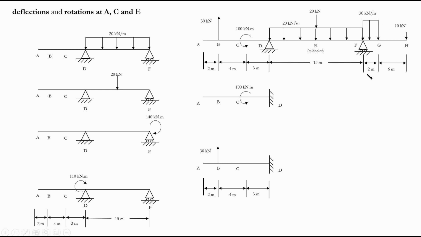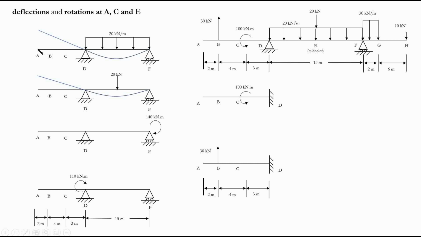So now let's start with the elastic curves and how they're going to look. For the first two cases, it's pretty clear. When we have a symmetric loading on the simply supported portion, it's going to deflect like this. For this one, it's going to deflect like this. Now, the very important part I want you to take away from these elastic curves is the linear portion.